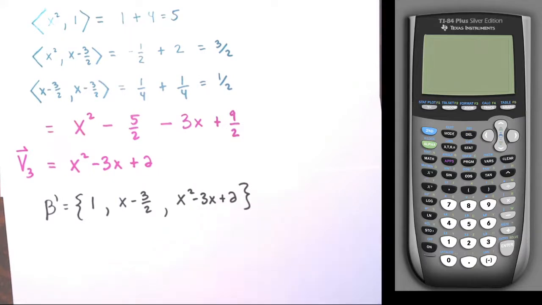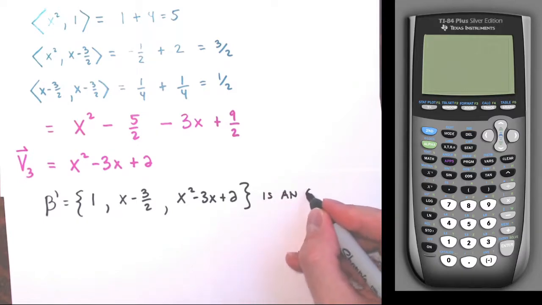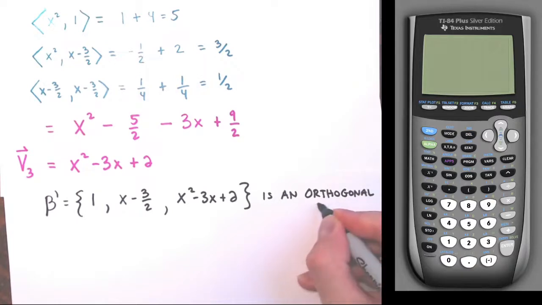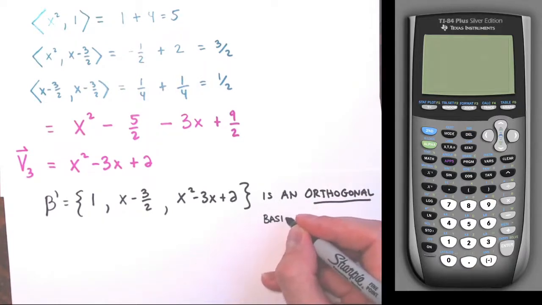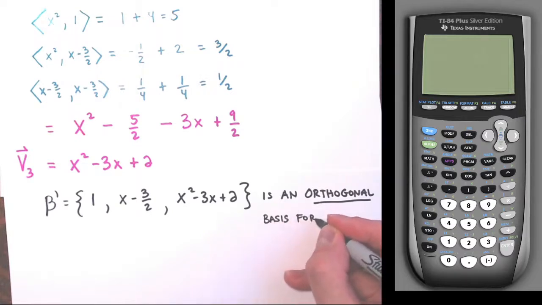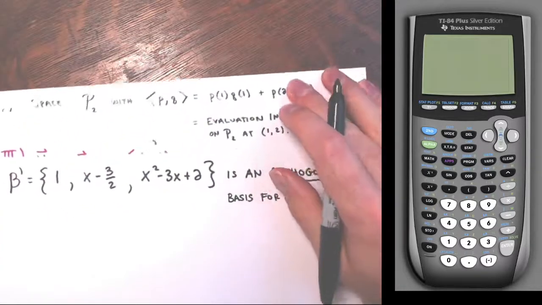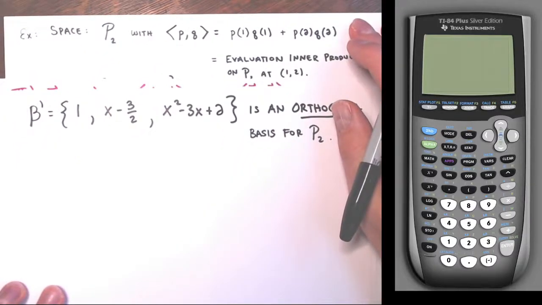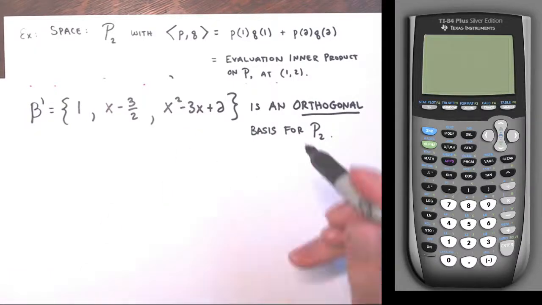This set of polynomials is an orthogonal basis for P2 under this inner product. Again, the concept of orthogonal depends on the definition of the inner product. So under this inner product, this is an orthogonal basis for P2.